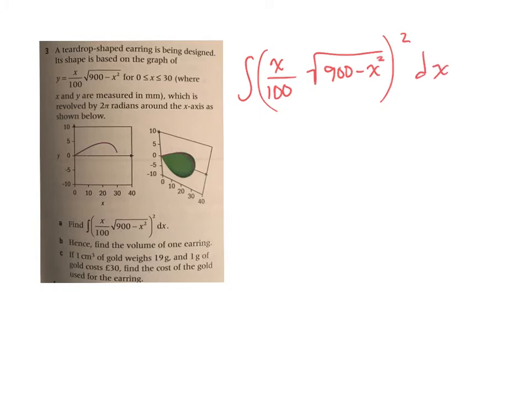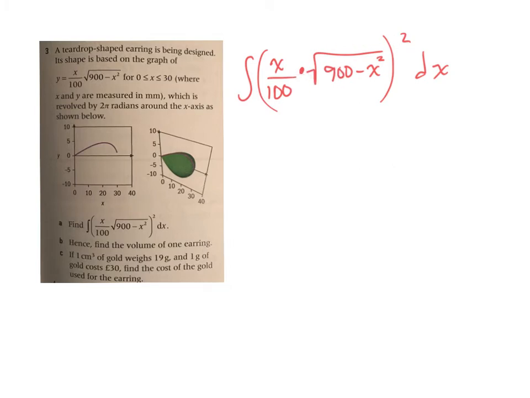Well, this function is decidedly too complicated for us to deal with unless we get rid of this square. So what I'm going to do is just distribute this. Because it is just this thing multiplied by this thing, I can square those things. They're not separated by addition or anything.